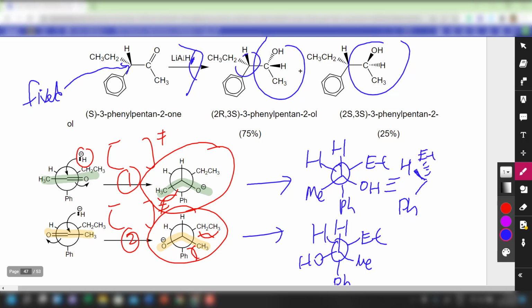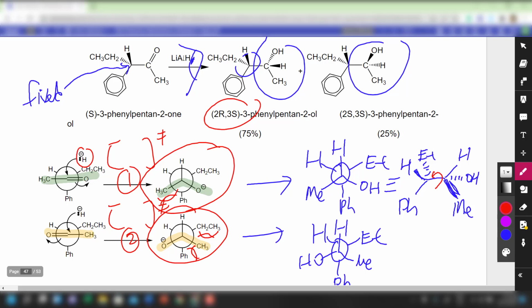And then after that, let's say the H is here. The OH is projecting away, and the methyl group is projecting towards me. If I just rotate this a little bit, you'll notice that it matches this, because now the H, carbon and phenyl are on the same plane.